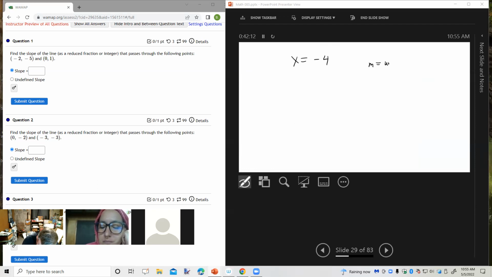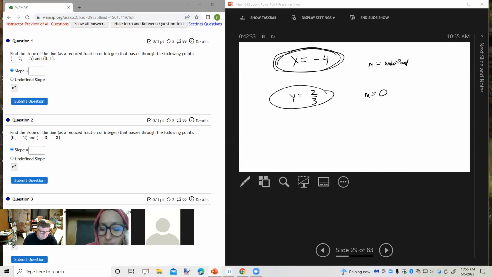Excellent. What would the slope of this line be? 0. What kind of line is this? What does it look like? Vertical. And this one? Horizontal. Excellent. Good job. You get a gold star today.